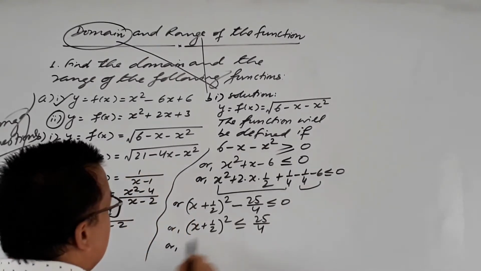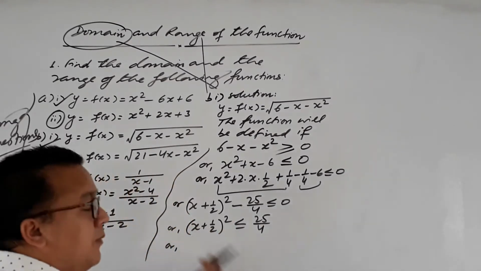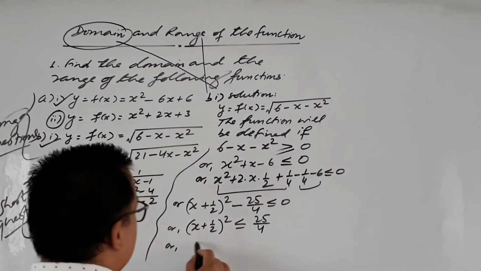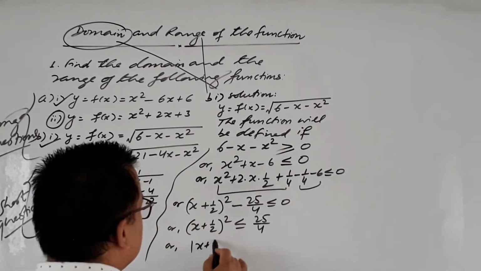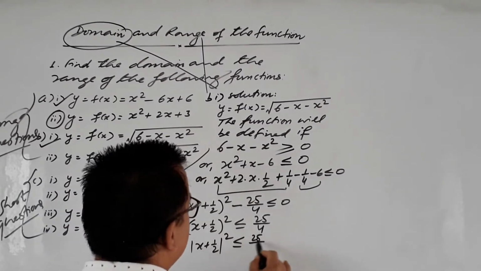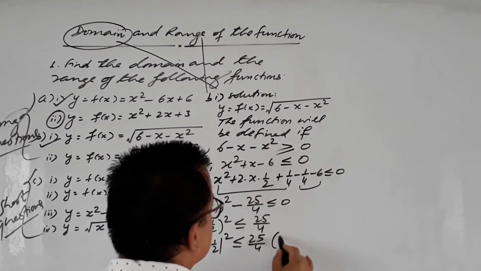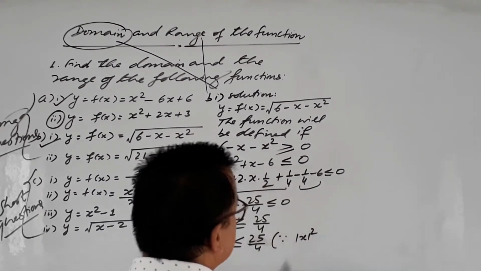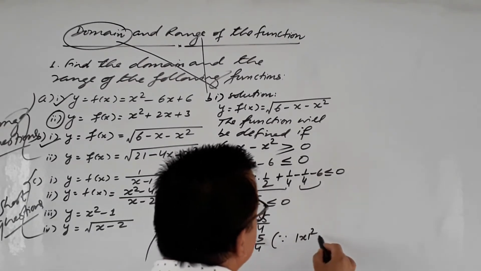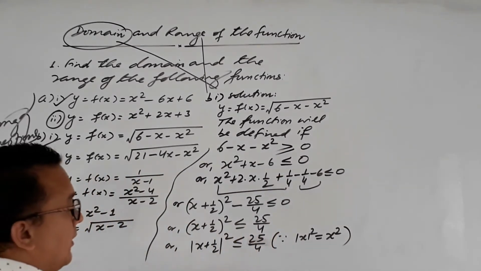You can't find the square root easily, because it may be positive or it may be negative, so better, I'll write x plus 1 by 2 whole squared less than or equal to 25 by 4. Since the square of the absolute value of a real number equals x squared, I have used this one.